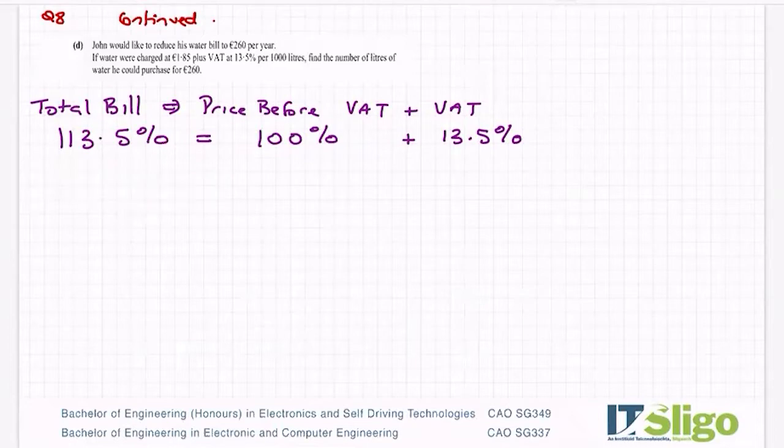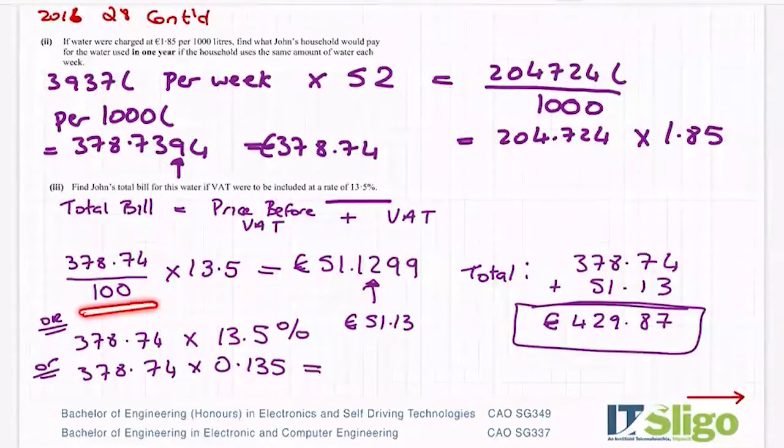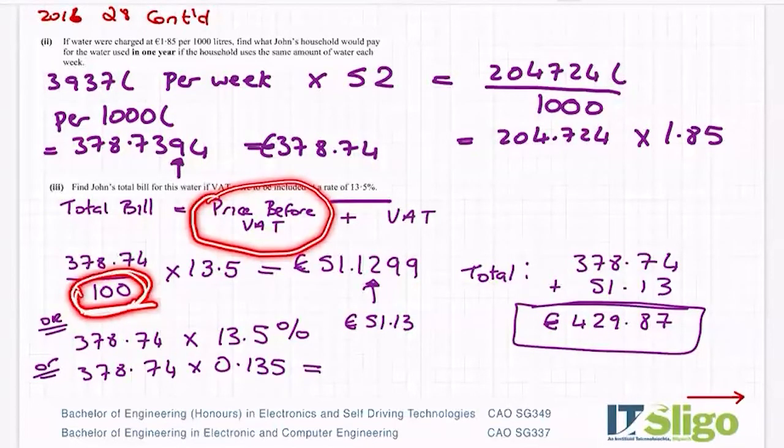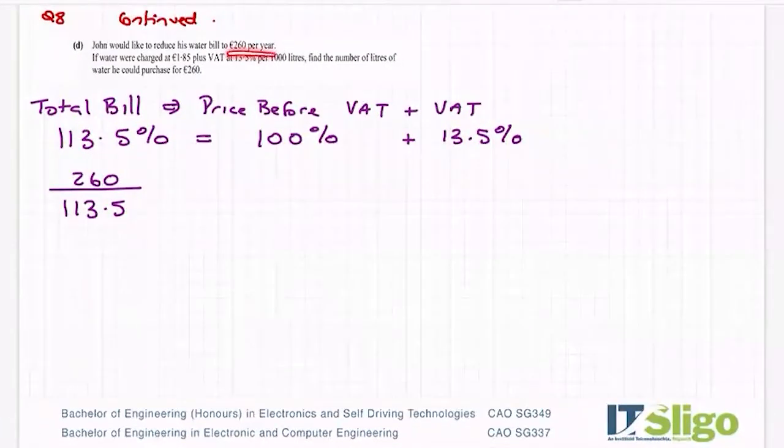Maybe I'll write it the same as I wrote the other one and it may look clearer. So let me write it like this: 260 divided by 113.5. So do you see when I got the percentage of a number here, I divided by 100. That's because it was the price before VAT, and that's the 100% number. In this one, his bill includes the VAT, so it's not the 100% number. It has the VAT in it, so you divide it by 113.5.